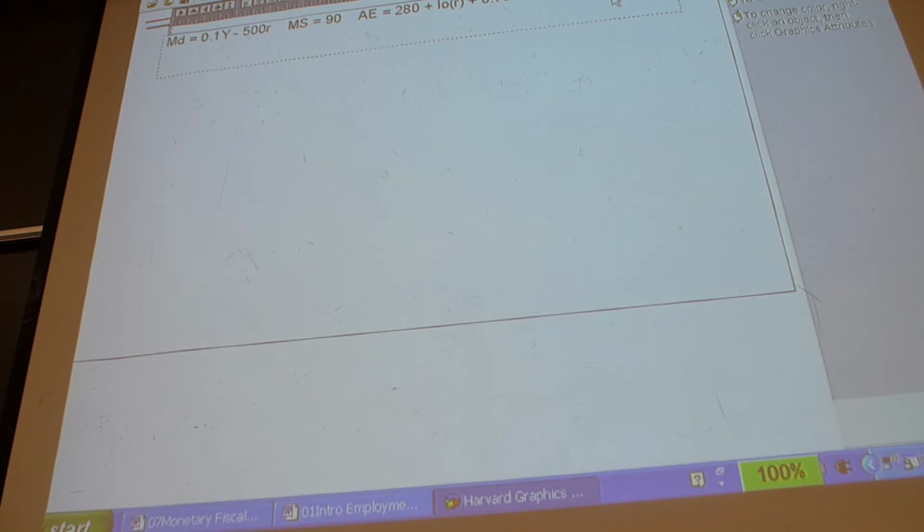How many variables have we got? We have MD, MS, R, AE, I, and the marginal efficiency of investment. 1, 2, 3, 4, 5, 6 variables.